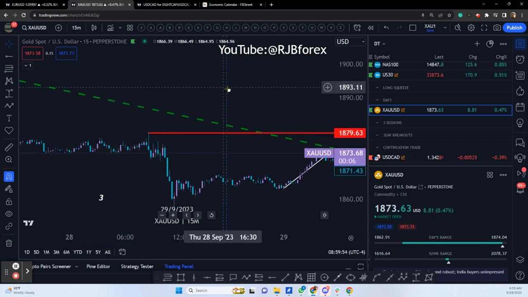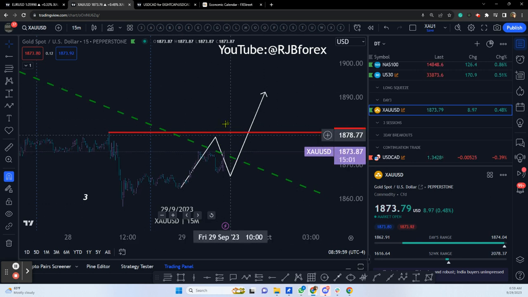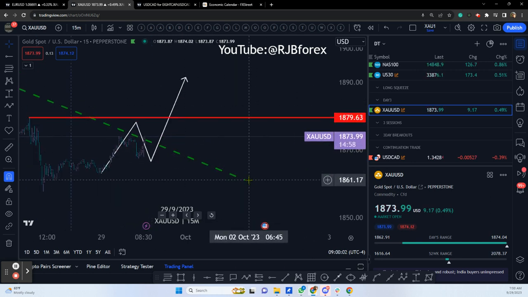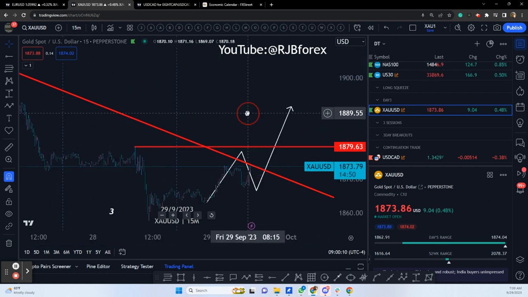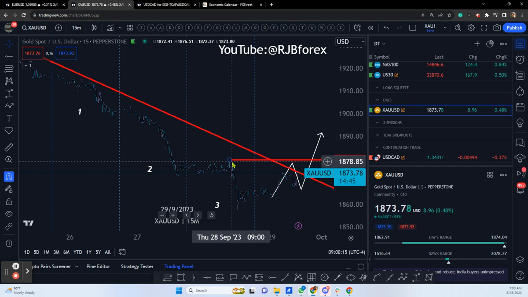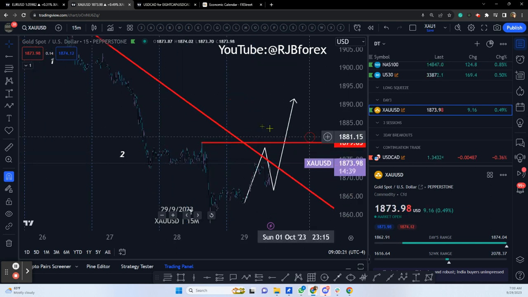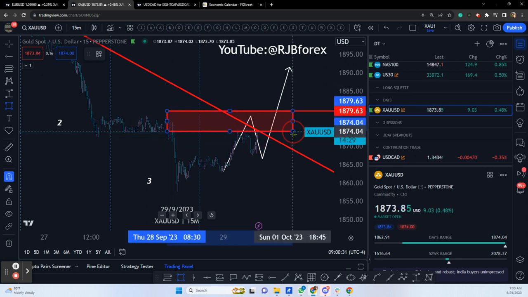The price needs to break that to be on the backside of the bearish trend. Okay, so that is the bearish trend. That was the last swing high. This was the lower high, and this was the low. So essentially, until we break that structure, we're still on the front side of the bearish trend.